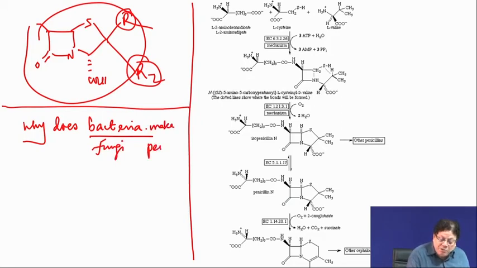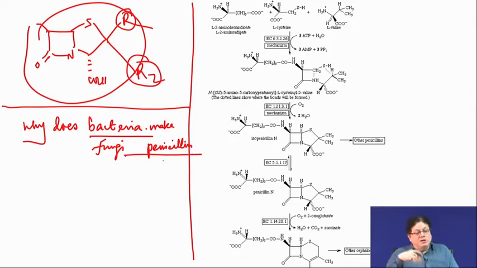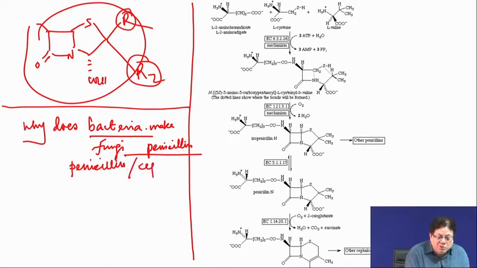I think I gave you the answer here: like us, the bacteria are also constantly attacked by other bacteria. So, they have to make some molecules to kill the surrounding bacteria. These are defense molecules, these are their weapons, basically: penicillin, cephalosporin. Okay.